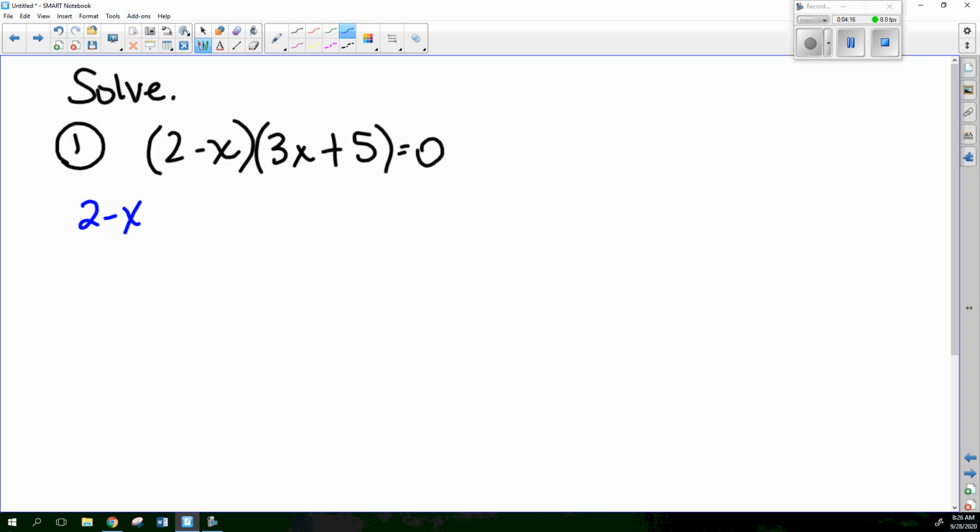So I'm going to set 2 minus x equal to 0 and 3x plus 5 equal to 0. And then I'm just going to use my algebra skills, getting x by itself. Get x by itself in each one, please. What'd you guys get for the first one?